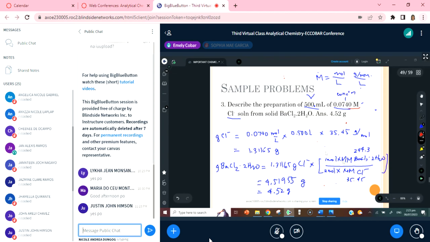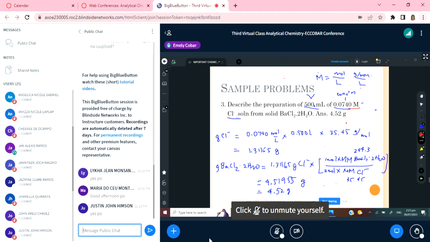Ito naman. Okay, describe the preparation of 500 ml of 0.0740 M chloride solution. Ang gusto mo, okay, makapag-prepare ka ng solution, 500 ml ang volume, na ang solute mo is chloride. Okay? At ang concentration ng chloride doon is 0.0740 M. Okay? Ano ang source ng chloride mo?